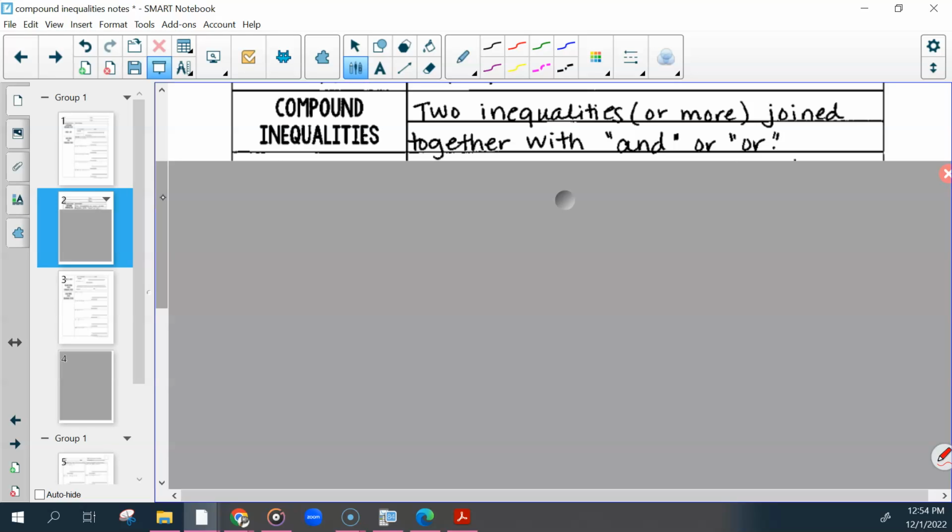And then we're going to talk about the differences between these and some examples. Anyone still writing this definition down?